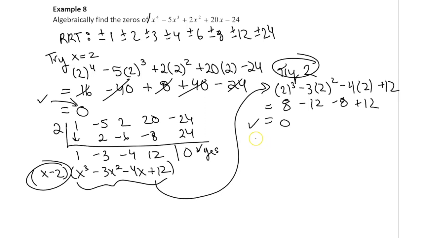So when we take our 2 right here and use our cubic function that we're left with, we would have 1, negative 3, minus 4, plus 12.